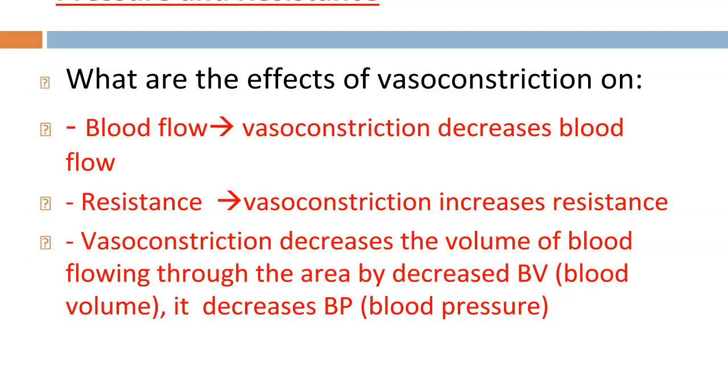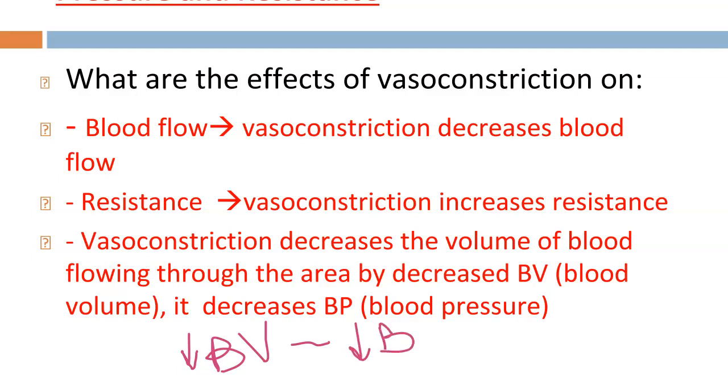Vasoconstriction decreases the volume of blood flowing through the area by decreasing the blood volume. And in decreasing blood volume, it decreases blood pressure. So you should know that as you decrease the blood volume, blood pressure is going to decrease.